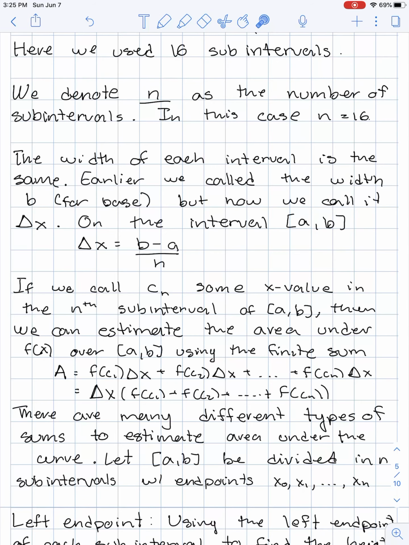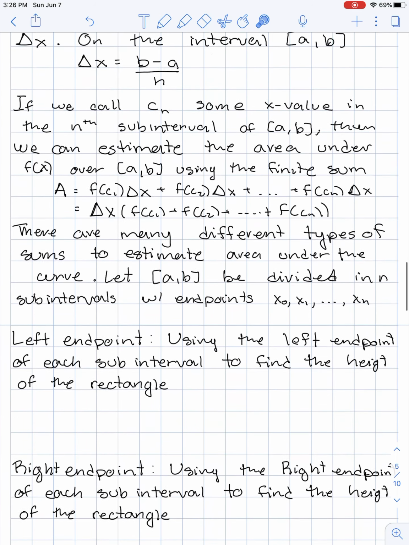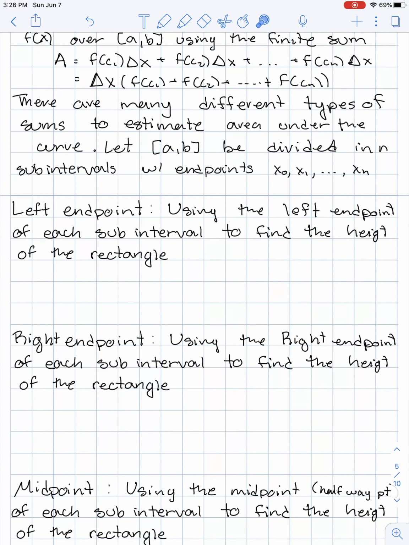So if we let a to b be divided into n subintervals with endpoints x0, x1, all the way up to xn, like x0 to x1 is your first subinterval, x1 to x2 is your second, and so on.